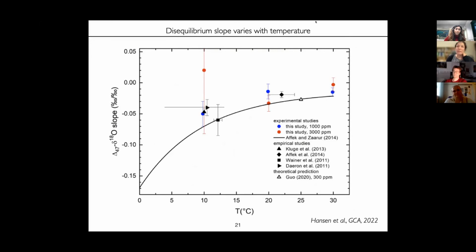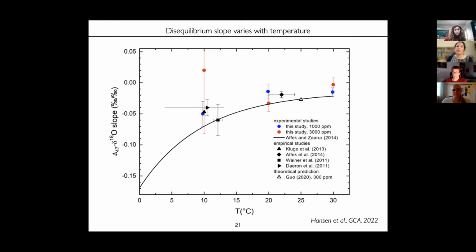So this is a figure also from a very recent study that was using synthetic carbonates grown in the lab at different conditions. So that's the colored dots here, but also results from previous empirical studies using cave samples.